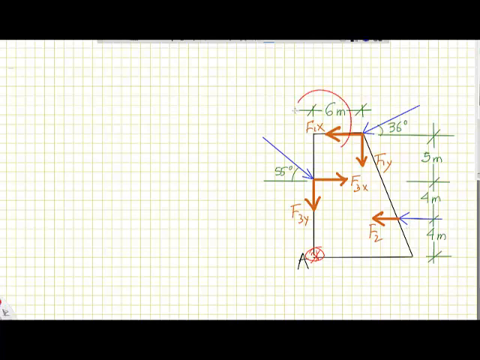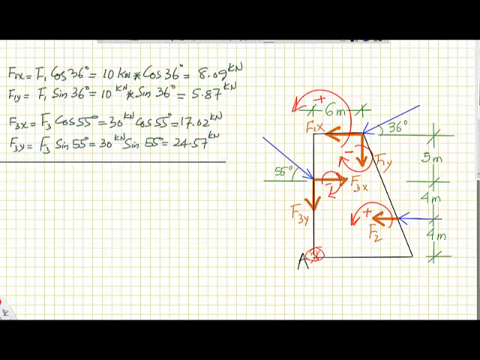So this will rotate in this direction, which is counterclockwise positive, and this will rotate in this direction, which is clockwise negative. This will rotate in this direction, which is clockwise negative. This has no rotation. This will rotate in this direction, which is counterclockwise positive.